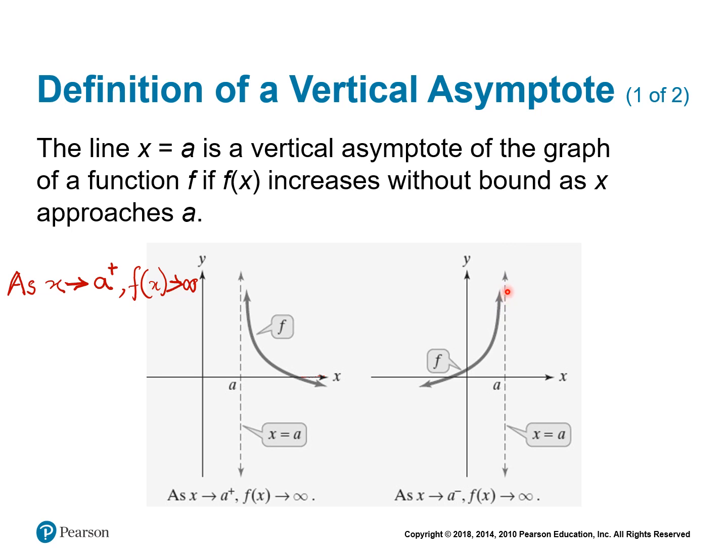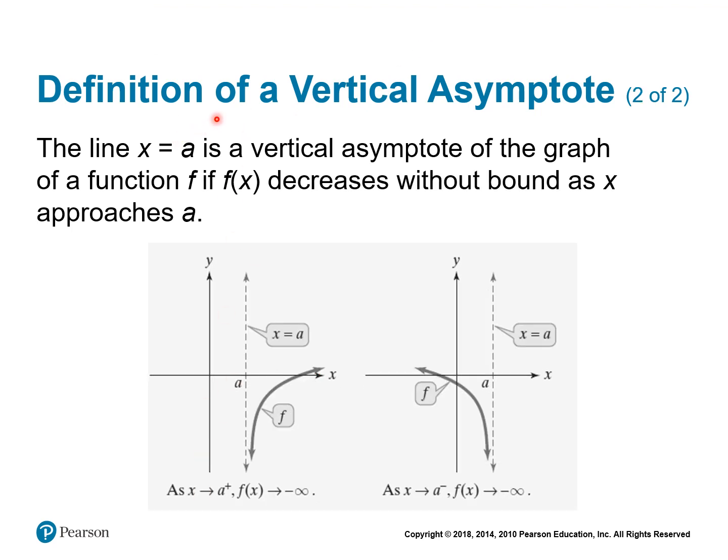Again, it will never touch or cross the asymptote, but it's going to get as close as possible to the line and go up to positive infinity. The way they have represented that is: as x approaches a from the negative side, f of x approaches positive infinity. Whenever a graph rises up, that means it's heading towards positive infinity.